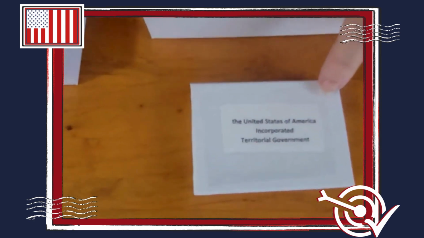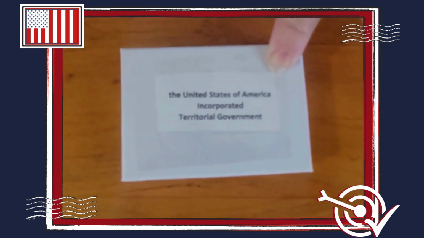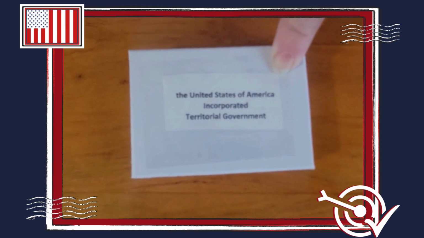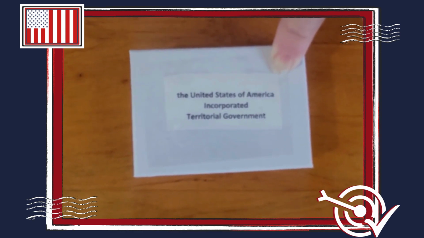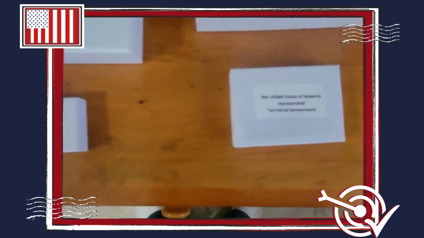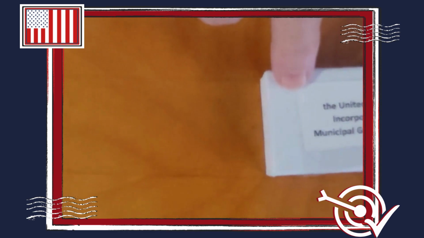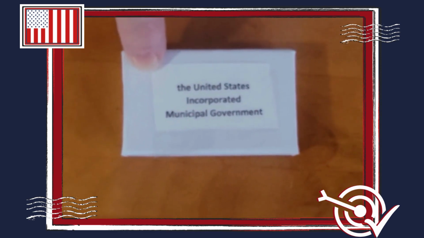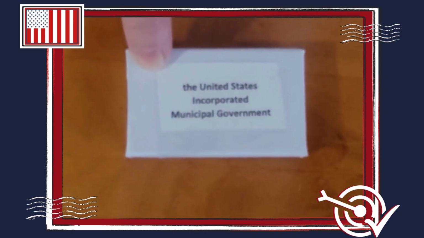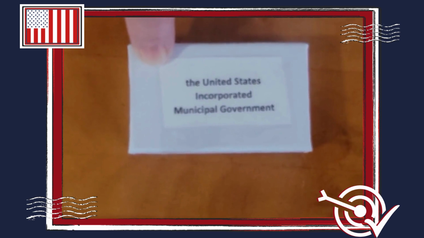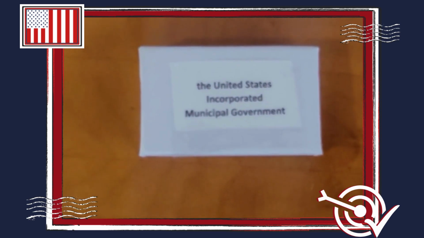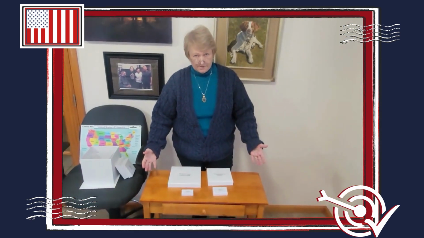And on the federal side of things, we have the United States of America, the Territorial government, which is British affiliated, and the United States municipal government that was run by the Holy Roman Empire. This is what we had left after the Civil War.